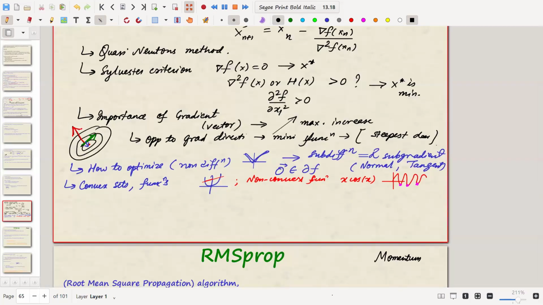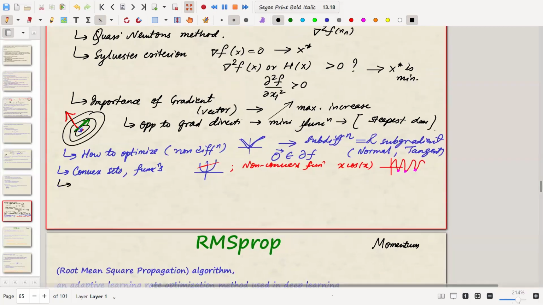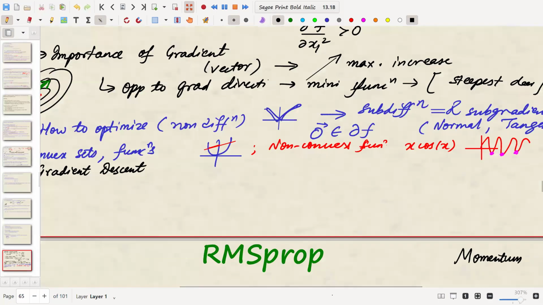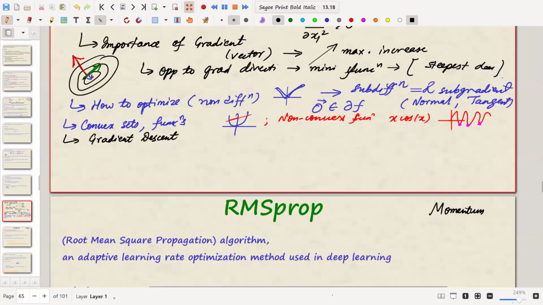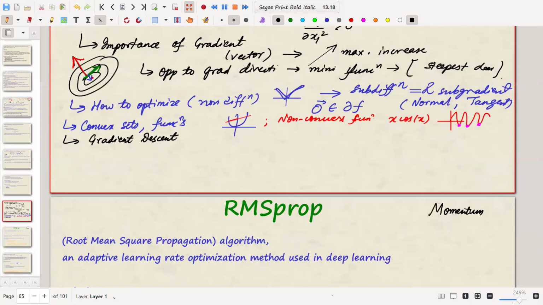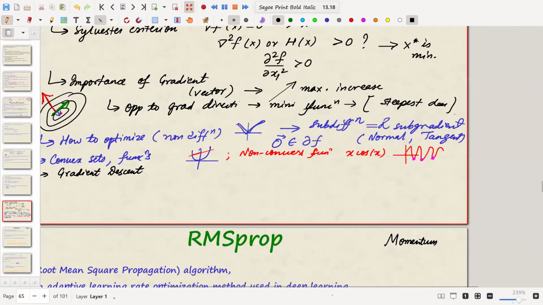Okay, then we came to something more important, that is gradient descent. We came to the gradient descent method, and we actually saw a visualization of the Newton-Raphson method in 1D.